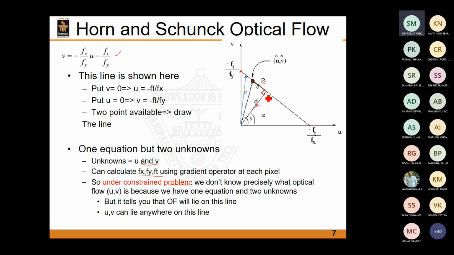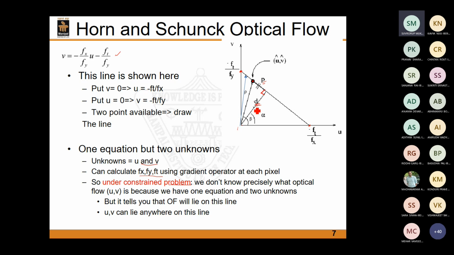D is basically the normal to the line from the origin. Now, wherever this optical flow point lies along this line, you see that the vector D remains the same.